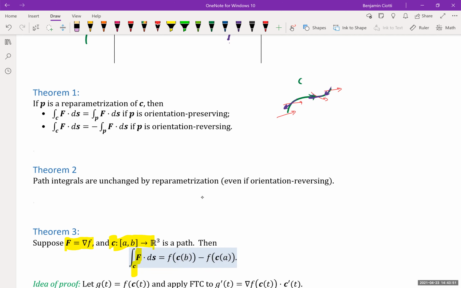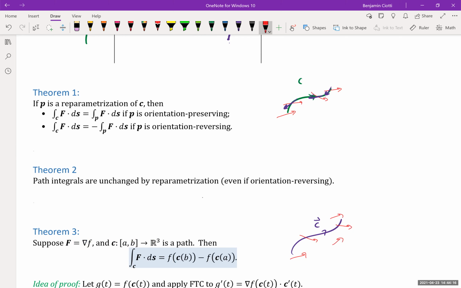So this is kind of amazing. It says it doesn't matter how you got from one endpoint to the other, right? Like, let's say this is some path C, and you're in some scalar field.